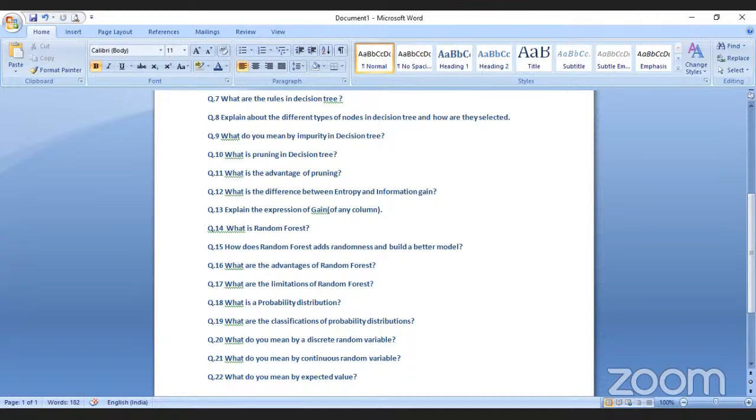When we are experimenting with some data set, we are expecting some outcome. That is the expected value, which is calculated as the weighted average of all the possible values. For that reason, it is also called mean value. It is nothing but the average of all the possible values of a random variable based on their probabilities.